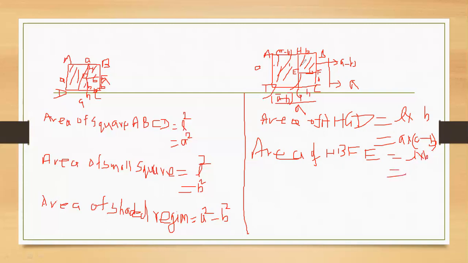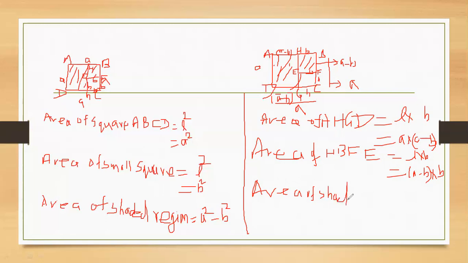Now its length is A minus B, and the breadth is B, which we have taken. Now when we add these two areas, you will get the area of the shaded region.